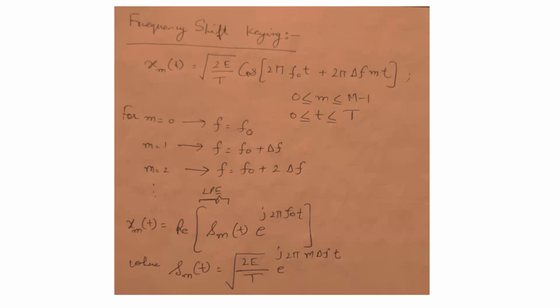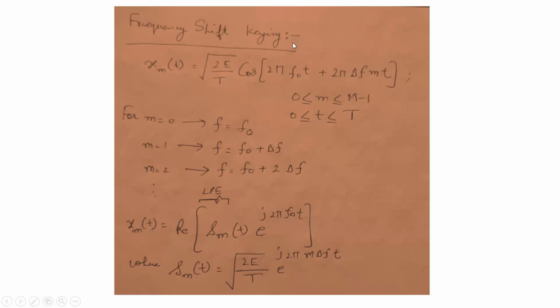There can be four-ary FSK, or in general it can be M-ary FSK, depending on how many bits are to be transmitted during one symbol period. Correct. So small m will vary from 0 to capital M minus 1, and this small t is a variable which is of course varying from 0 to capital T, where capital T is the symbol period.